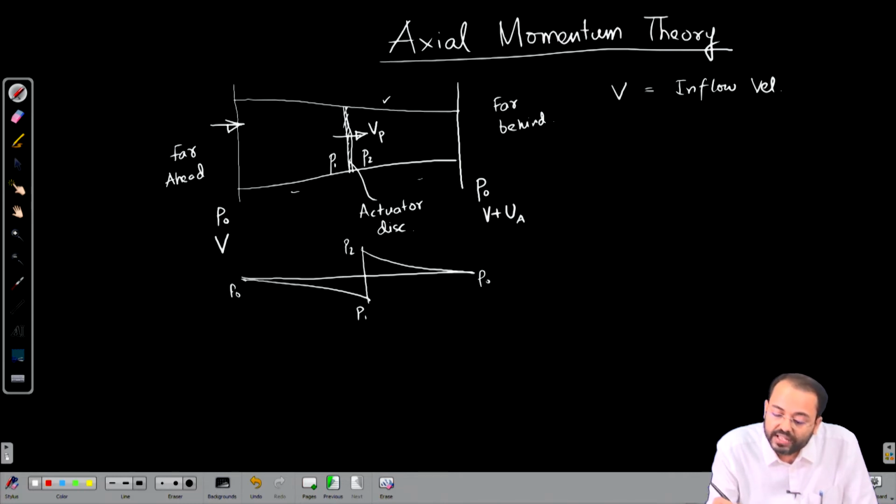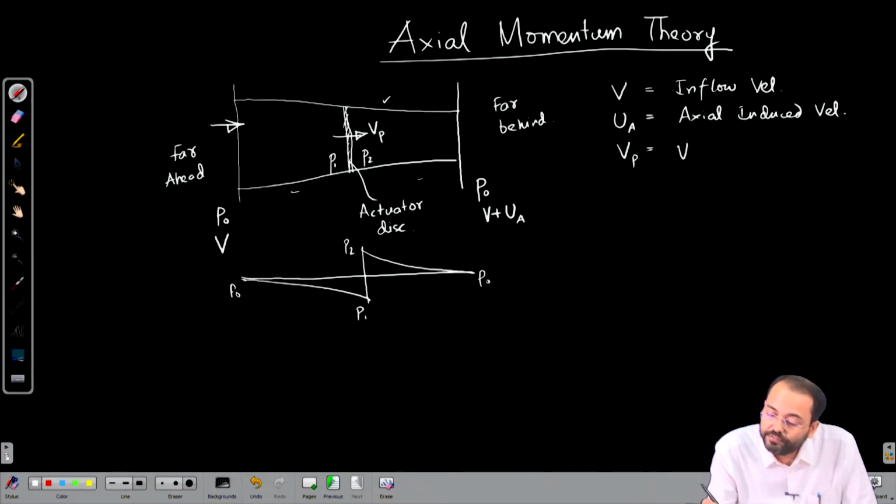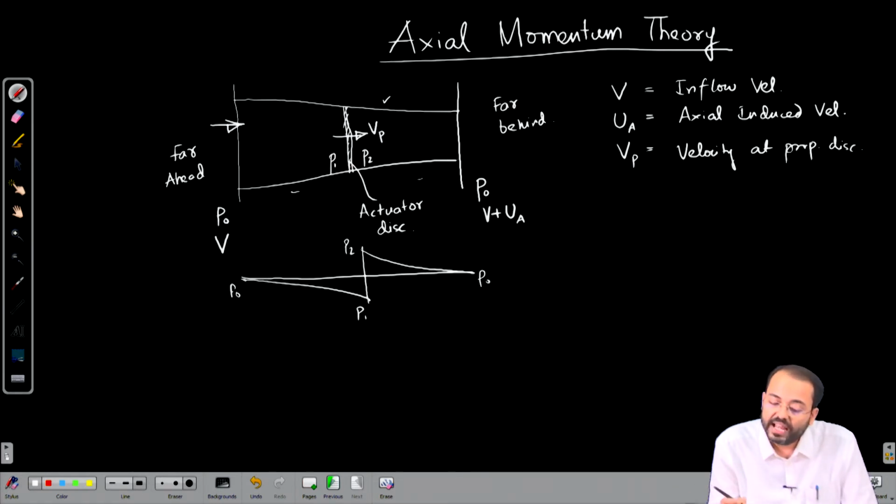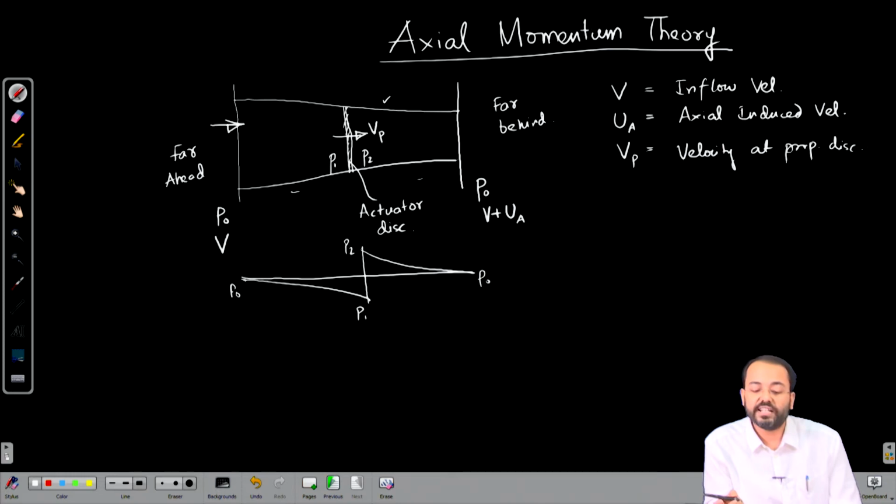UA is the axial induced velocity. Vp is the velocity at the propeller disc, and P1 and P2 are the pressures just ahead and just behind the propeller disc.